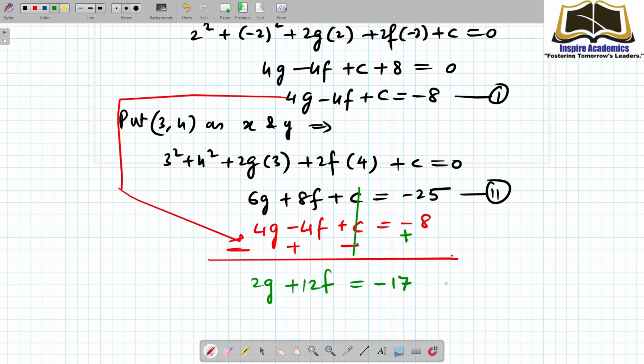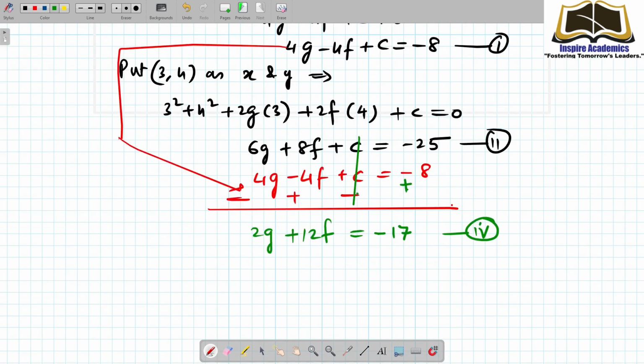Let's put this as equation 4. So we can also write this equation as g plus 6f equal to negative 8.5.